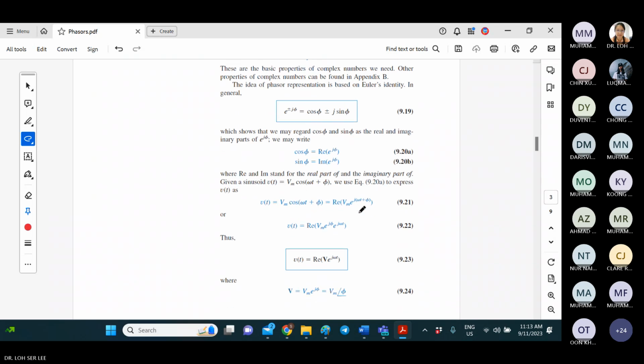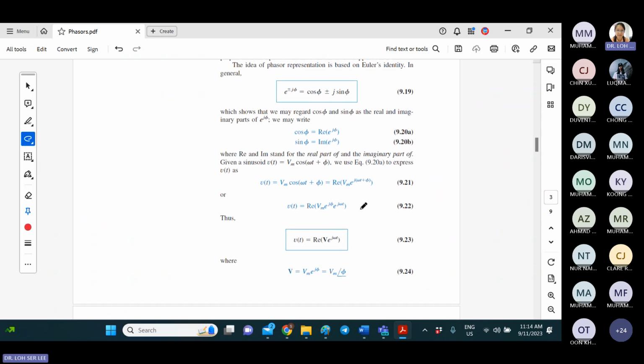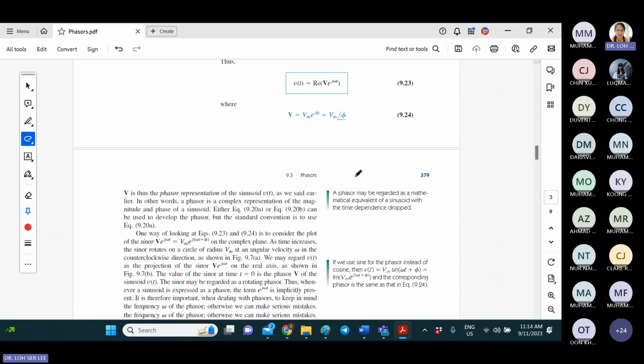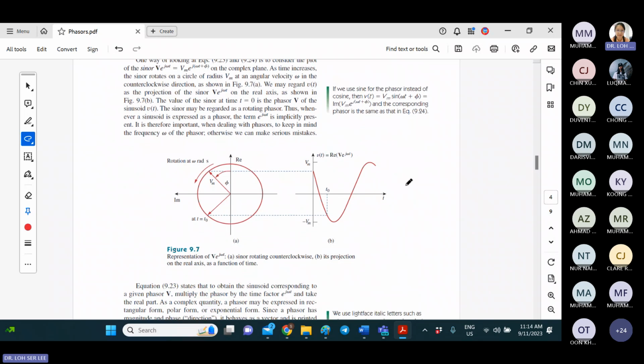Now this is the derivation on how to get the formula for the phasors. Actually, what is a phasor? A phasor represents the sinusoid; they use complex numbers to represent the sinusoid.